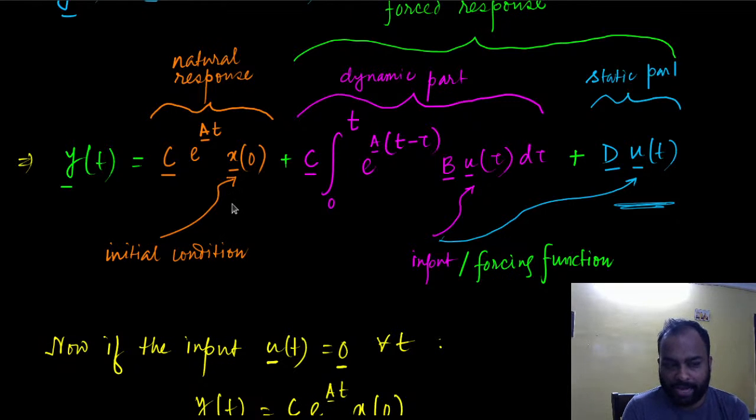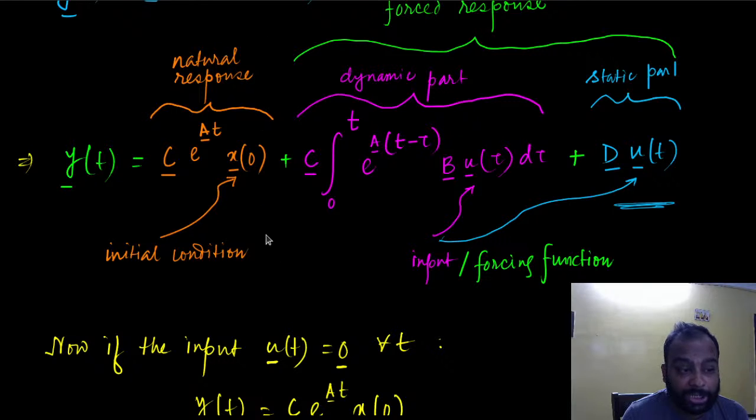I mean, we are assuming that part to be zero. So you can understand that the response to initial conditions can never be seen if we construct the model using transfer function, right? So transfer function assumes zero initial condition, and the natural response can never be seen from that.